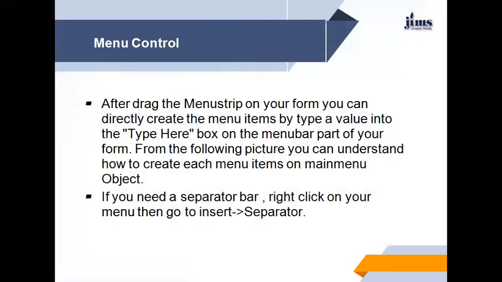After dragging the MenuStrip onto your form, you can directly create the menu items by typing values into the Type Here box on the menu bar part of your form. From the following picture, you can understand how to create each menu item on the main menu object. If you need a separator bar, right-click on your menu, then go to Insert and Separator.